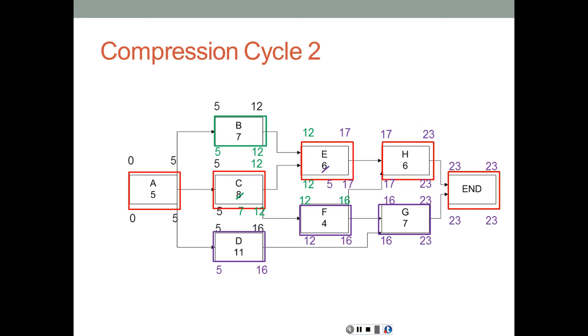That's very important, again, as we mentioned before, to use different colors so that we do not lose track of these changes and which activity was changed at which cycle. Now the project ends on day 23. So we have managed to reduce the duration by 2 days, while still saving some money, which is good.